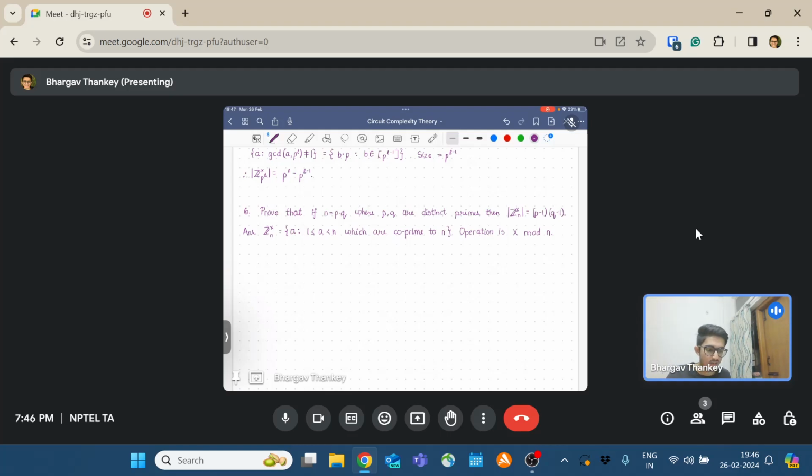Now we want to find out the size of this. Okay. So just like before, I can write this, right? Okay. So now we know the size of this set.